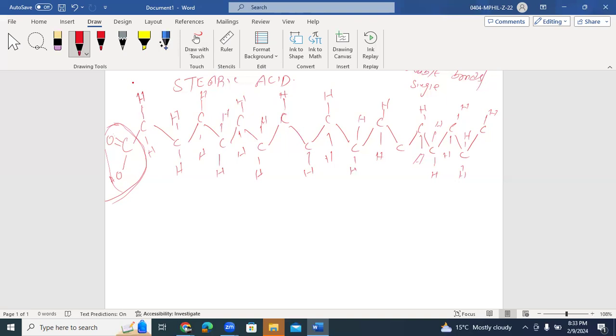This is the question. If anybody asks you in your exam, tell me which form of the fatty acids will produce more ATP, saturated or unsaturated. You must keep in mind, saturated fatty acids will generate more ATP as compared to unsaturated fatty acids. What is the reason behind it?